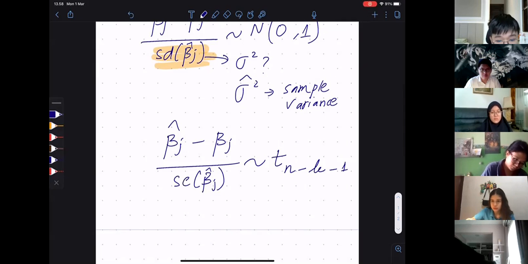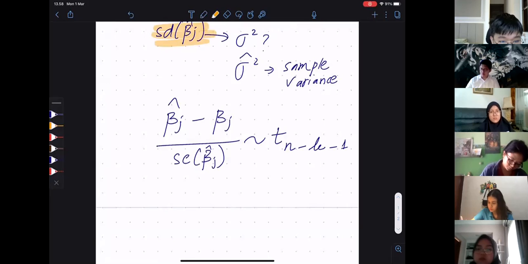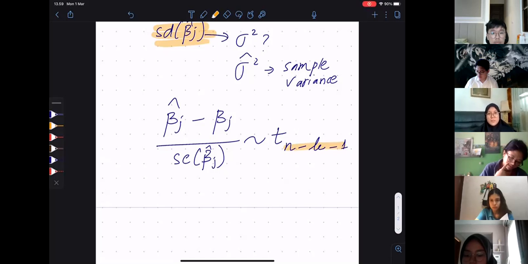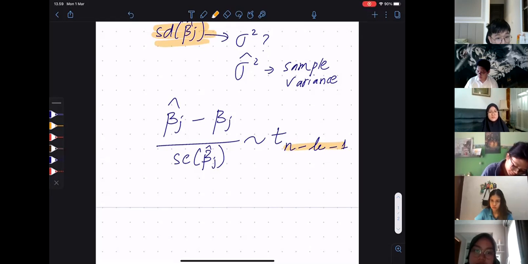As the degree of freedom increases, if the number of observations relative to the number of variables is large enough, then the Student t distribution is very, very close to the standard normal distribution.